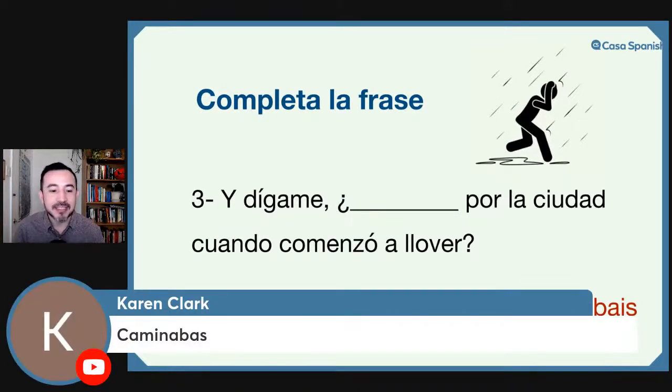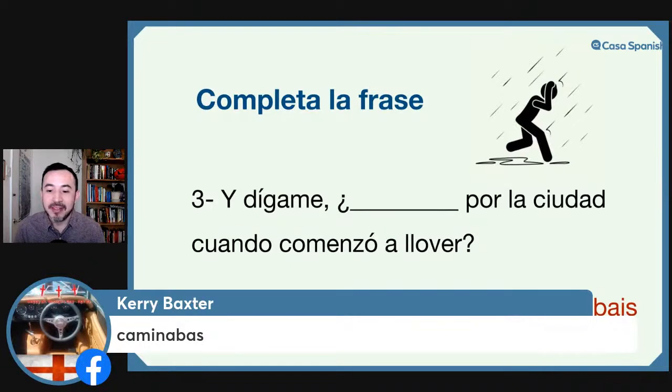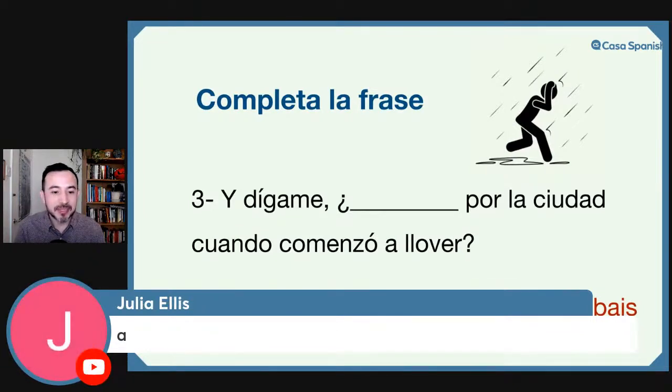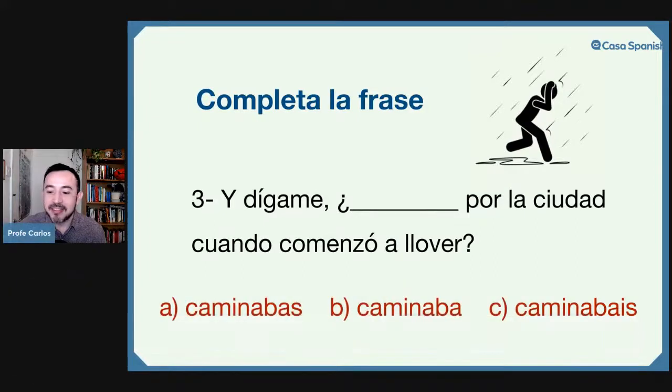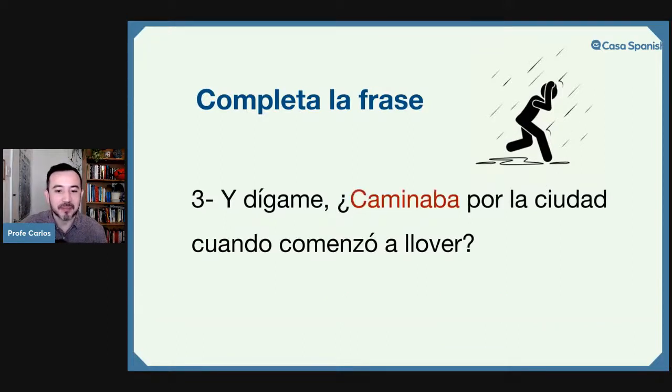We have our answers. Karen says caminabas. Carrie, caminabas. Julia is betting for caminabas as well. Hazel, caminabas. Right. Actually, the answer in this one would be B, caminaba. And why? Y dígame, caminaba por la ciudad cuando comenzó a llover. As I said, the key is in that dígame, because we're talking to usted.